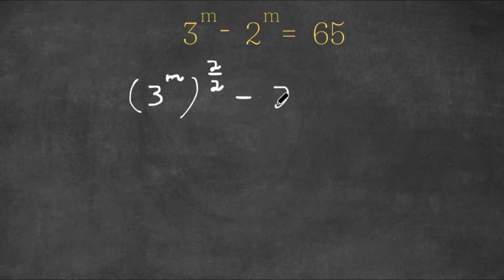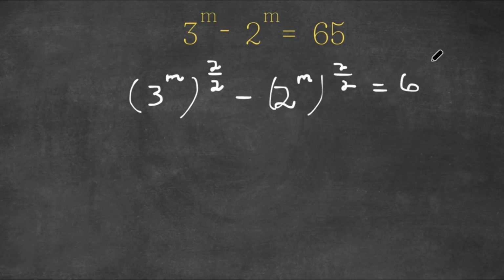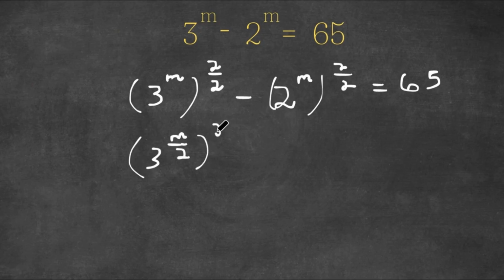And I'm going to subtract this with 2 to the power of m to the power of, again, 2 over 2. Now this is equal to 65. Now, I can actually rewrite this as 3 to the power of m over 2 to the power of 2, because these two 2's cancel out anyways, so this is just equal to 3 to the power of m.